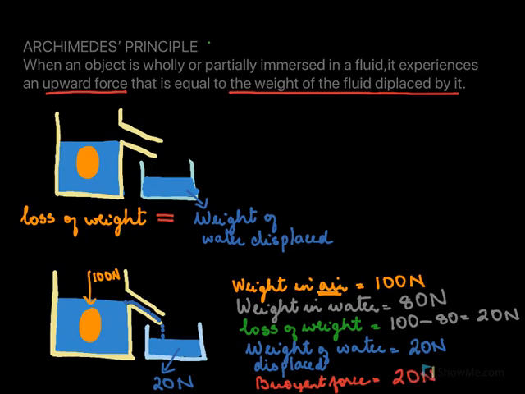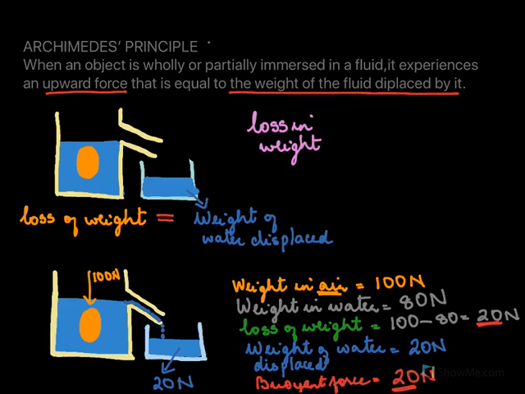Buoyant force is the loss of weight that we have seen in the earlier video, how the buoyant force is equal to loss of weight because the object loses weight because of buoyant force. So the loss of weight and buoyant force are equal. So now we can come to a new relationship, and that is when an object is immersed in a fluid, there is a loss in weight.